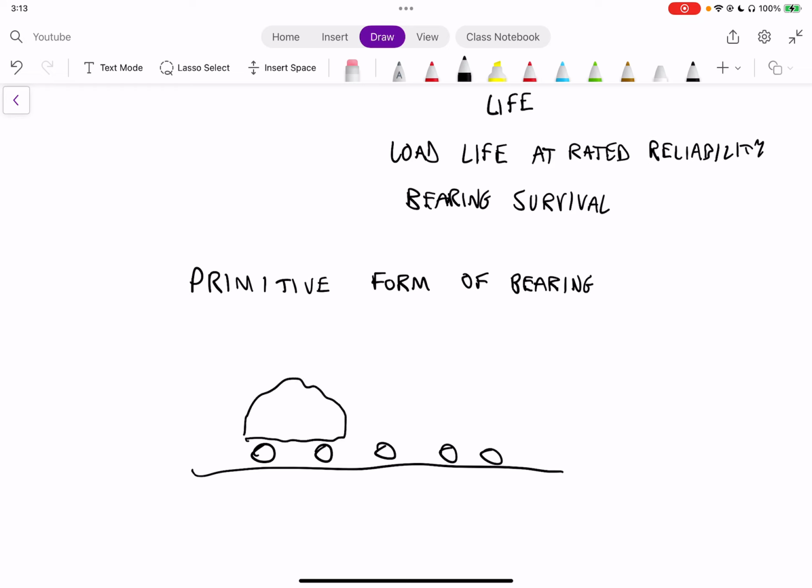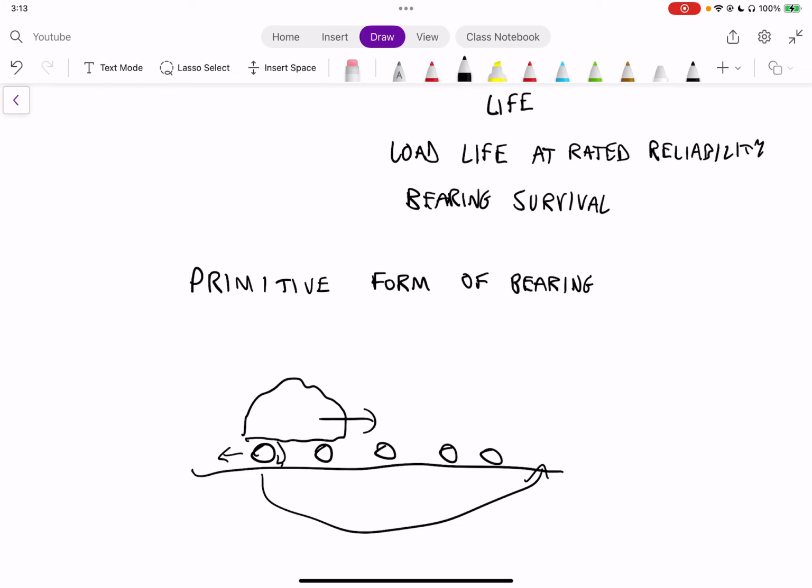So they would have this material here and they would move it along and roll it along logs. These logs would roll out and eventually step out of the way, and then you would move the log back to the front of the line, and you could move stuff for a lot less power than you needed in order to move stuff.